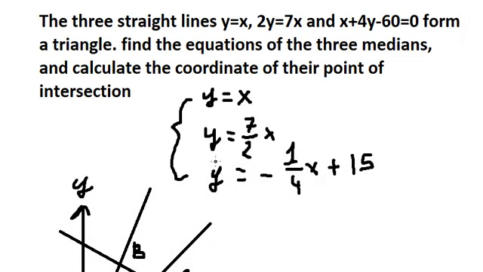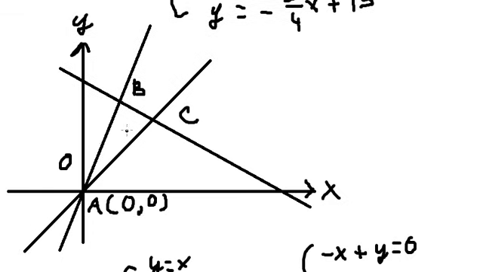The next one, the question, they want to find 3 medians. So we need to find the midpoints: D between A and B, E, that is BC, and F, that is between AC.